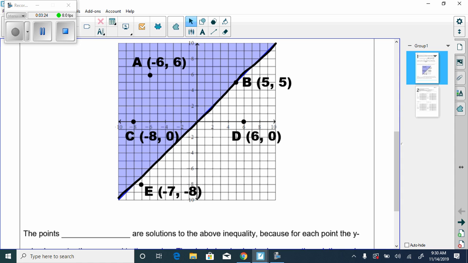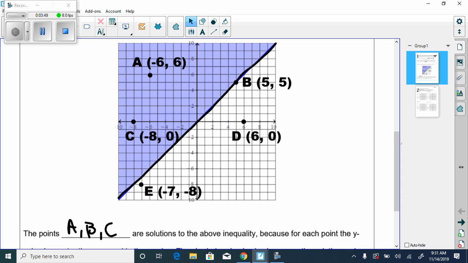It says what points are solutions to the above inequality. So which ones fall in our solution? Right, A, B, and C. B is on the line and it's filled in, so we know to include it, and C. All of those are a part of our drawing.